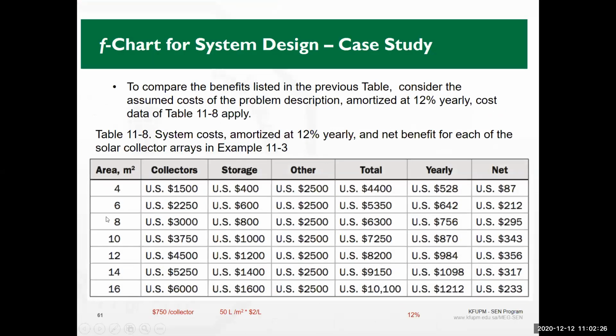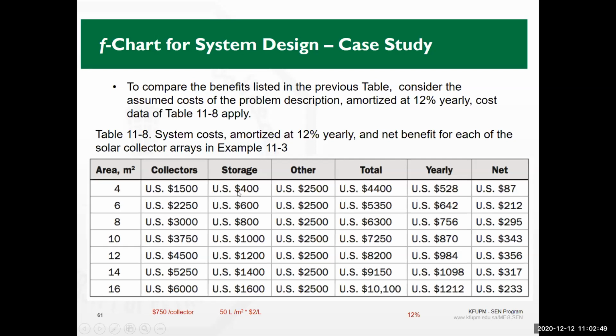You have the areas, and this is the price of the collectors. Remember, a single collector is going to cost $750. So 2 collectors is 1500. 16 meters square, 8 collectors means 8 by 750, it will give us this value. So this is the price of the collectors.